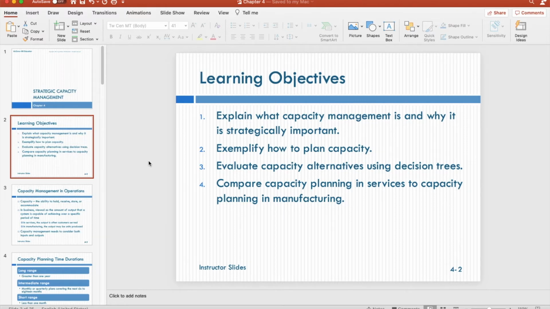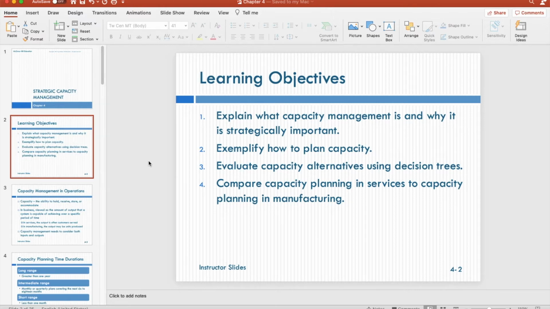Normally when we deal with capacity management and try to decide on the capacity planning, we will have a few different capacity alternatives. So you have to evaluate the capacity alternatives efficiently and try to pick the capacity planning that is most appropriate, most effective among the different alternatives.